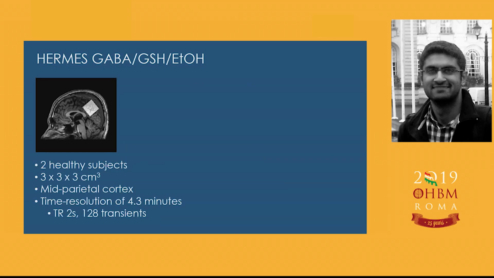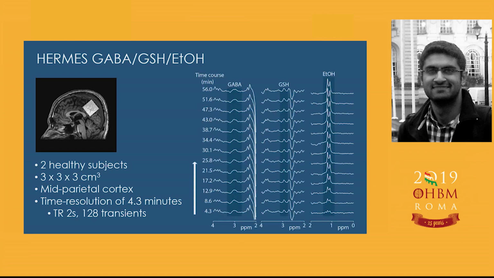So this was tested in 2 healthy subjects in the mid-parietal lobe, with a voxel size of 3 by 3 by 3 centimeters. We scanned the subjects for 1 hour after consuming alcohol, and then we broke that data down into blocks of 4 minutes that contain about 128 transients. You can see the edited spectra gave us, as expected, 3 edited compounds. You have GABA on the left, glutathione in the middle, and ethanol on the right.